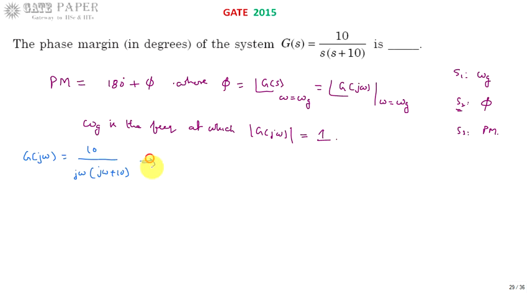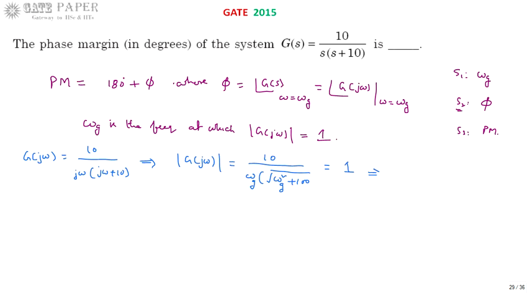The magnitude of G(j omega) is 10 divided by omega times the square root of omega square plus 100. If you equate this magnitude to 1, that frequency is called the gain crossover frequency, omega G. Now we calculate omega G from this equation.